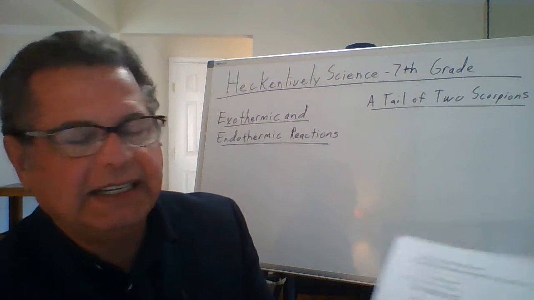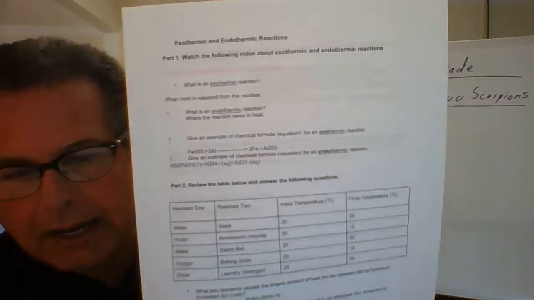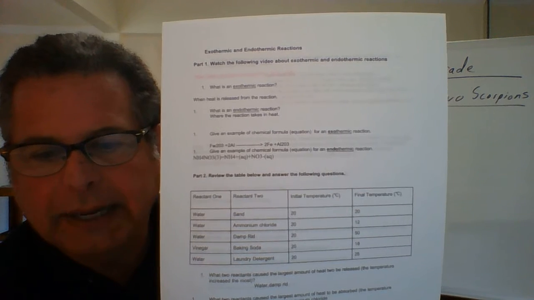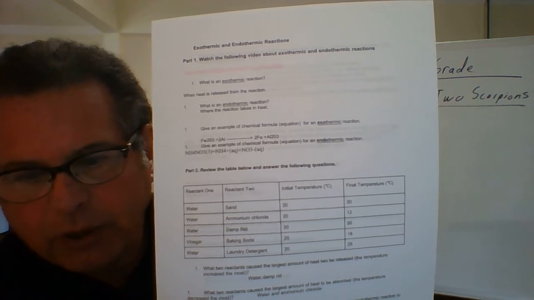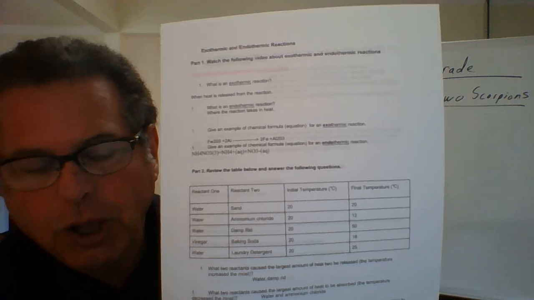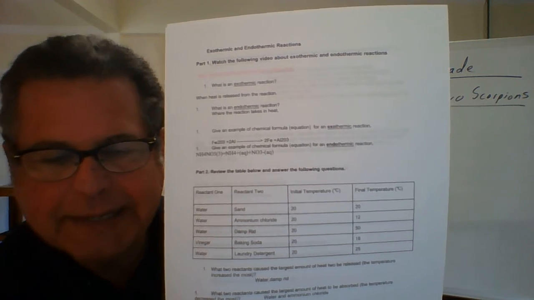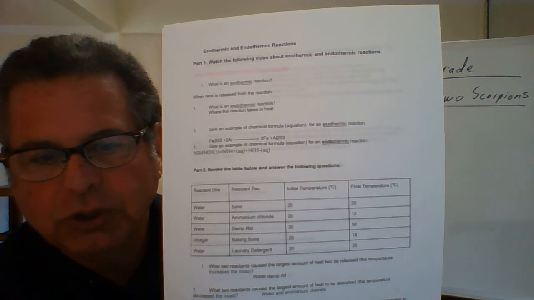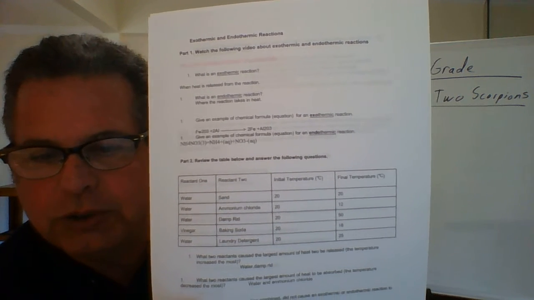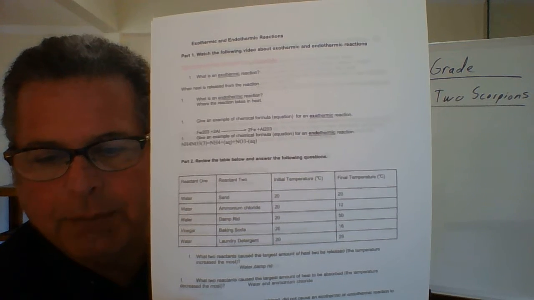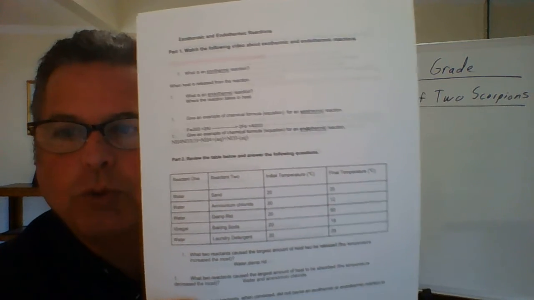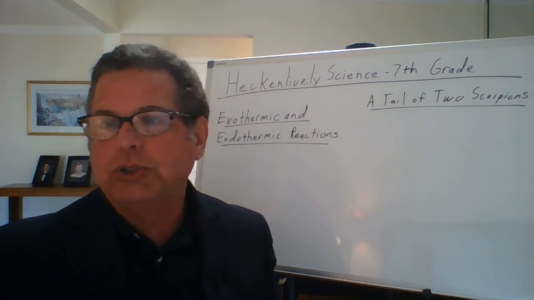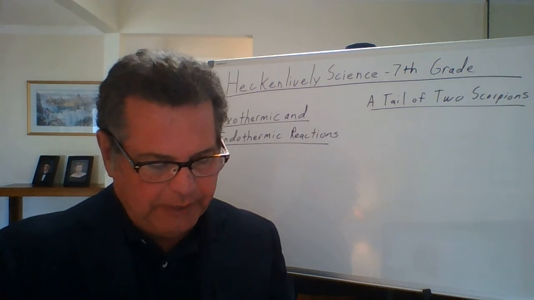You got a slight decrease, from 20 to 18, so it's a mild endothermic reaction. And when you had water and laundry detergent, you got something of an exothermic reaction, an increase of about 5 degrees. So I think that lets you know how you find out the chemical reactions for an endothermic and an exothermic reaction. If you wanted to do some additional research and find something else, you were free to do that.